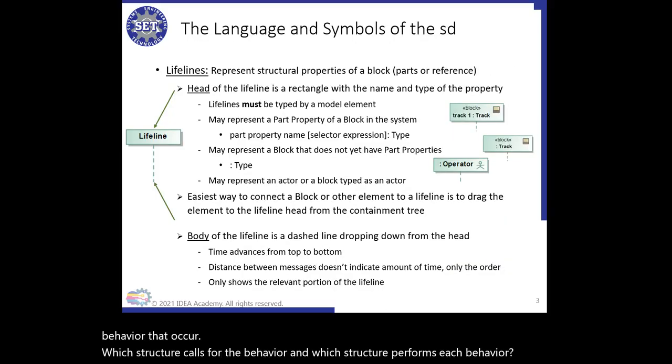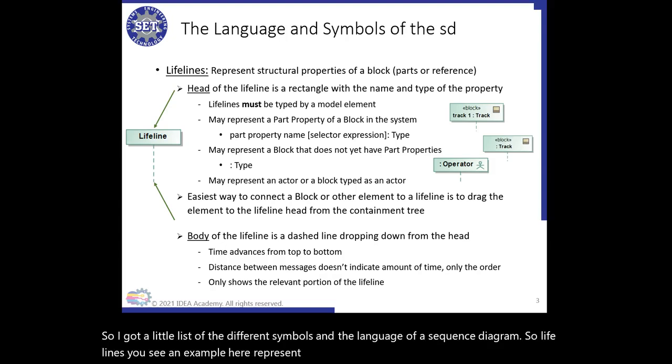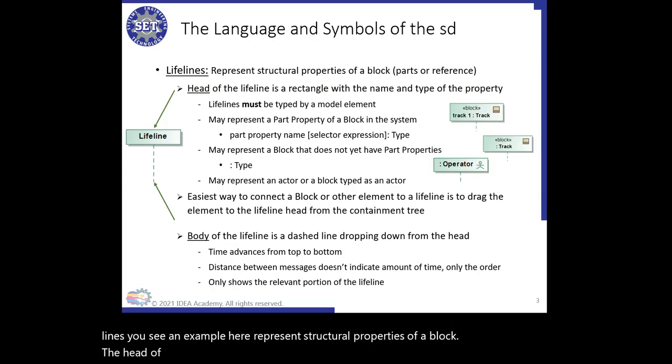I have a little list of the different symbols and the language of a sequence diagram. Lifelines, you see an example here, represent structural properties of a block. The head of the lifeline is a rectangle with the name and type of the property.